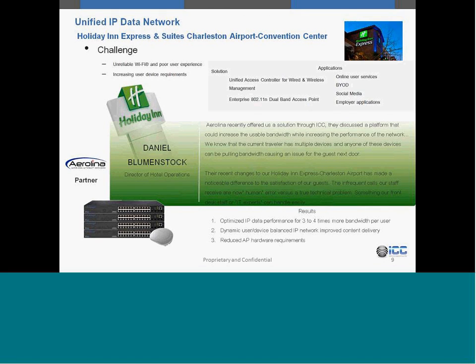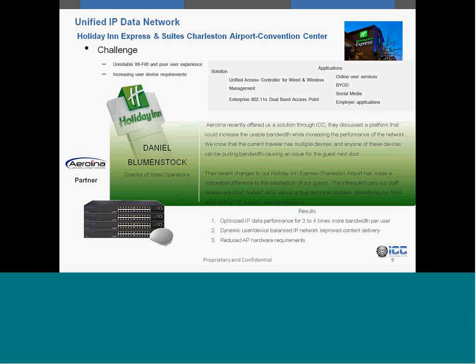We have a number of different environments and examples, whether they are in hospitality environments, manufacturing environments, stadium environments, education, both higher ed as well as K through 12 education environments, where the ICX deployment has allowed for greater levels of performance, while at the same time resulting in optimized IP data performance environments where there are 3 to 4 times more bandwidth per user, dynamic user and device balanced over that IP data network to improve content delivery.